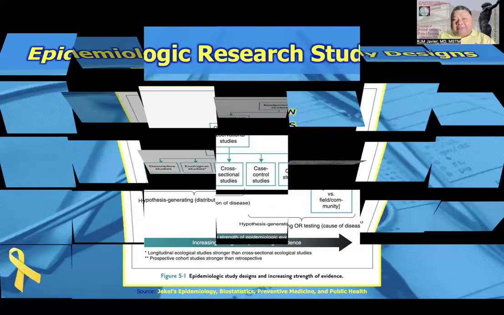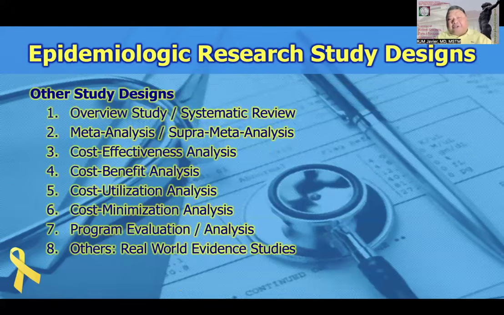Now, as I was mentioning earlier on, there are other study designs. If you pursue, let's say, a Master of Science in Public Health, or if you go into residency training, perhaps you will encounter other research study designs such as your systematic reviews, your meta-analysis, your supra-meta-analysis.